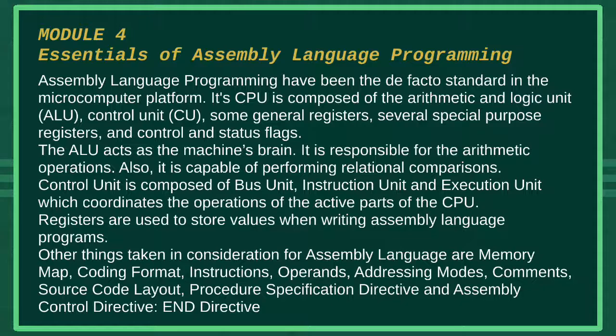Other things taken into consideration for assembly language are the memory map, coding format, instructions, operands, addressing modes, comments, source code layout, procedure specification directive, and assembly control directive.